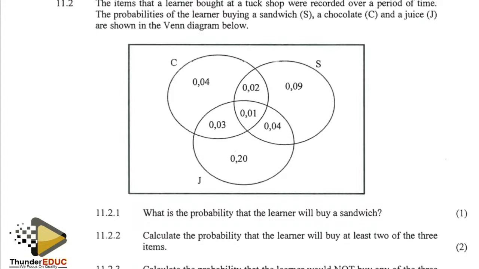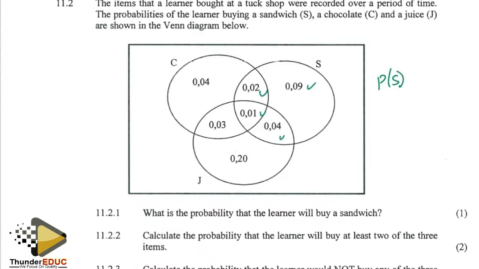Question 11.2, they're telling us that the items that a learner bought at a tuck shop were recorded over a period of time. Probability that a learner buys sandwich S, chocolate C, and juice J, as shown in the Venn diagram. What's the probability that the learner will buy a sandwich? So for sandwich, we just have to add this.